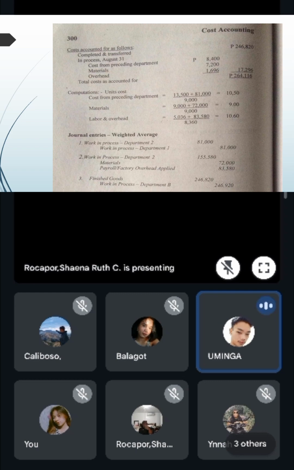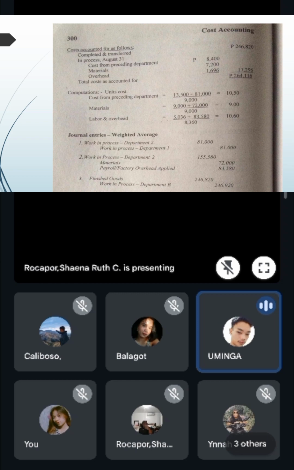Next, the 8,400 cost from preceding department is 800 times 10.50 equals 8,400. The materials of 7,200 is 800 times 9 equals 7,200. Then the overhead of 1,696 is 800 times 20% completed, equals 160, then 160 times 10.60 equals 1,696.